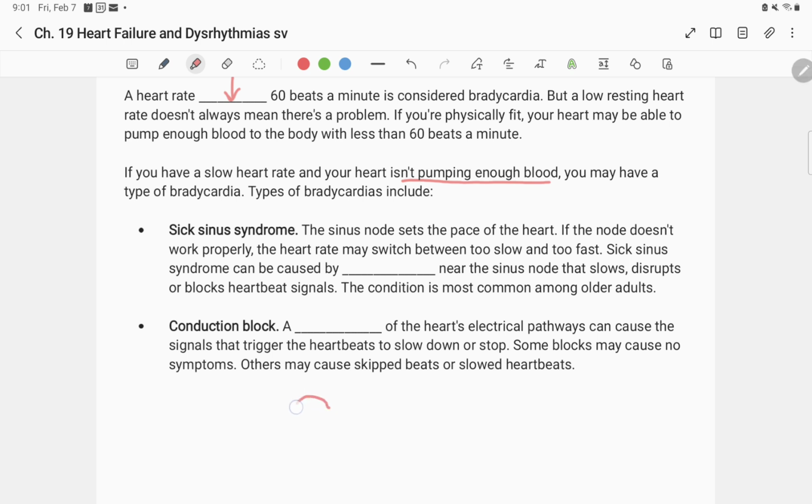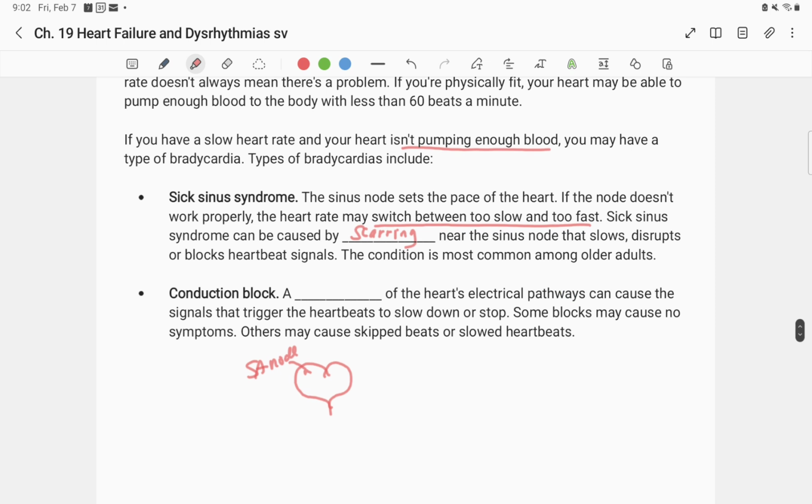Okay, so going back to the SA node, that electrical signal comes in. And if the node is not working properly, the heart may switch between too low and too fast. Sick sinus syndrome can be caused by scarring near the sinus node that slows, disrupts, or blocks heartbeat signals.